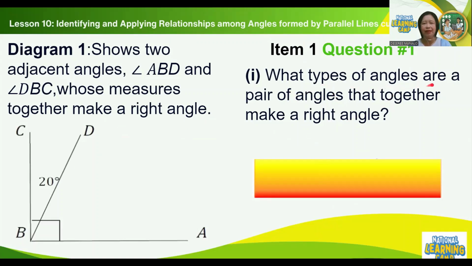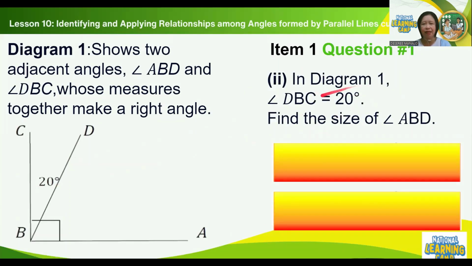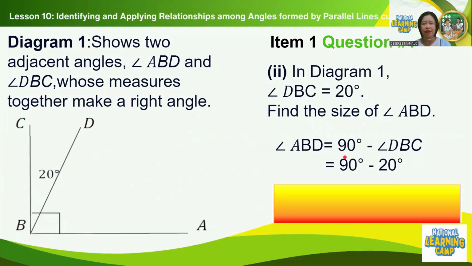What type of angles are a pair of angles that together make a right angle? Answer is complementary angles. In diagram 1, angle DBC is equal to 20 degrees. Find the size of angle ABD. Angle ABD is 90 minus angle DBC.